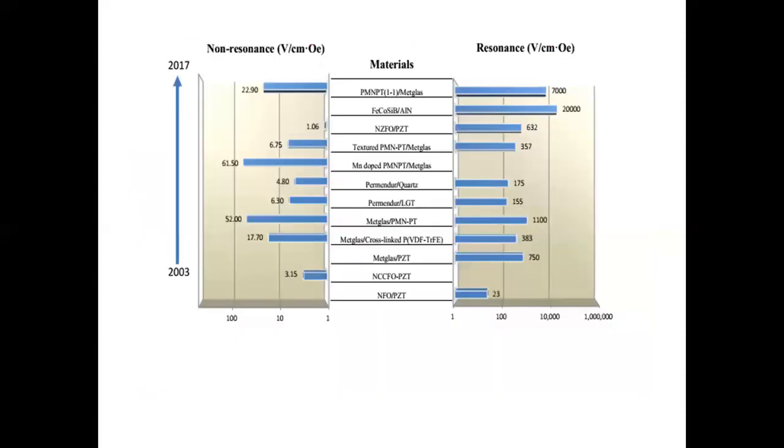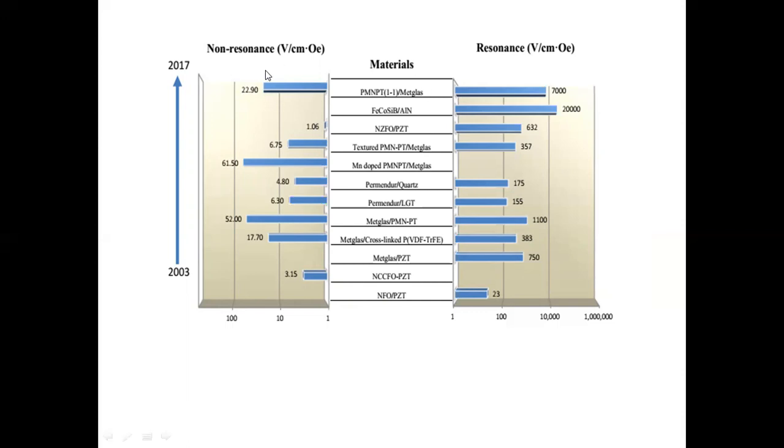Here I have also given a list of some reported magnetoelectric composite materials, with references from 2003 to 2017. You can see two categories of ME values given here.